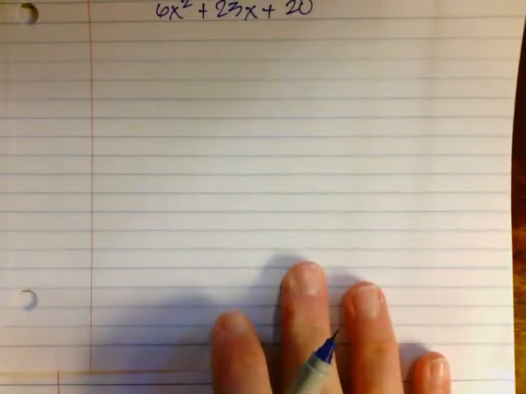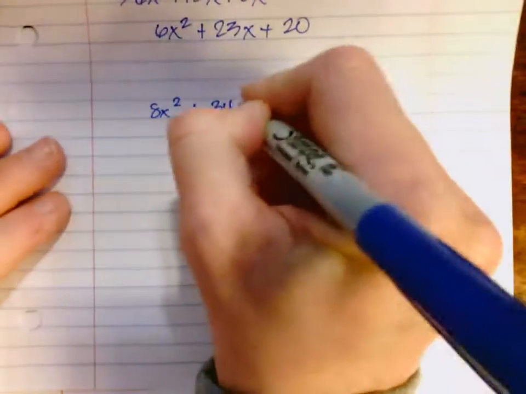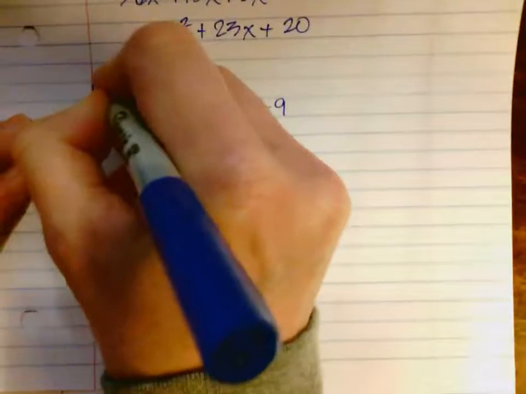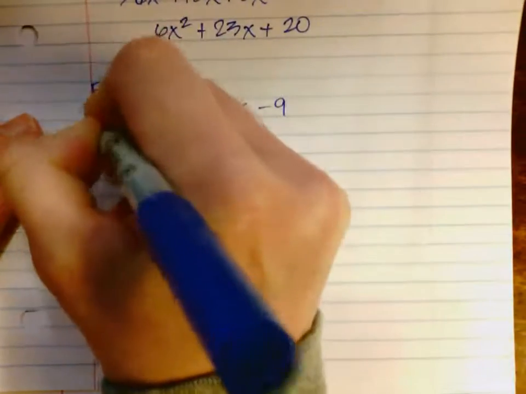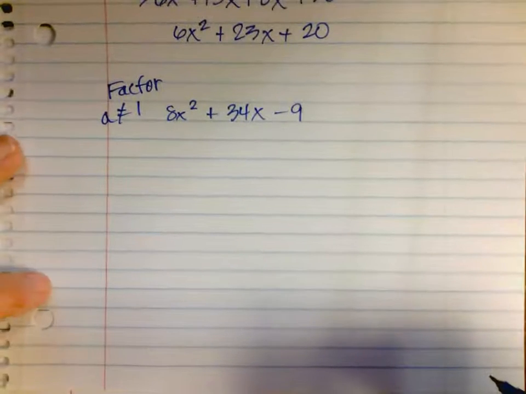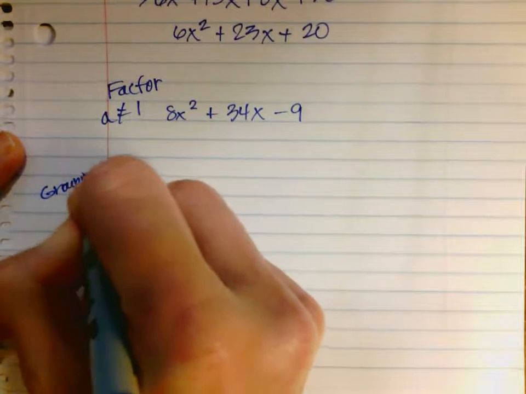Let's try another example. 8x squared plus 34x minus 9. We're going to factor this, and we notice the a doesn't equal 1. So we are going to end up trying to factor by grouping.